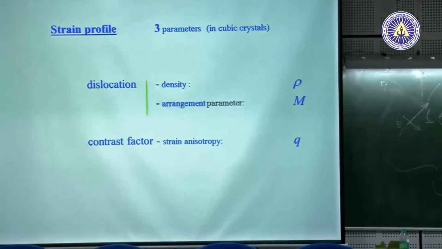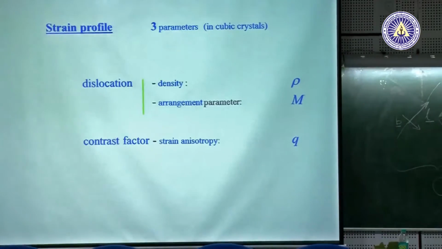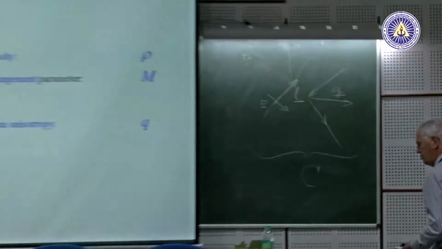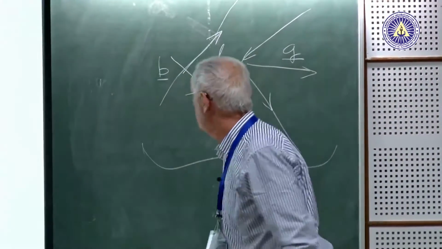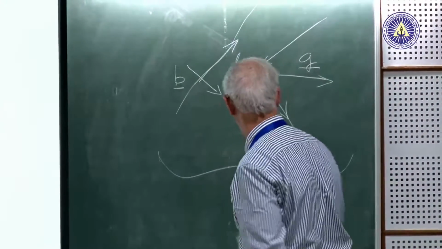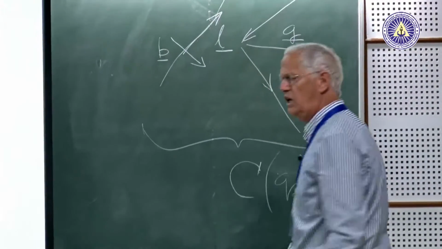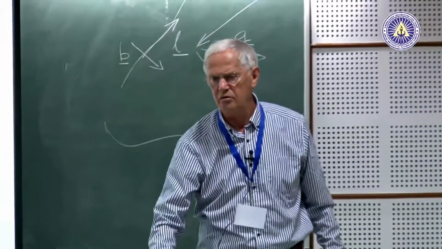Okay, the strain profile. What you wrote C and on the screen it was Q. Is it the same? Yeah, I went too fast. This C will be a function of Q. A parameter. I will come back to that later. Okay? What is M?